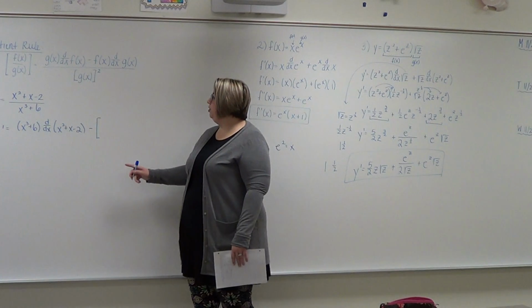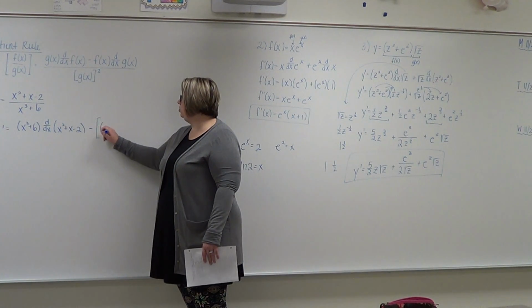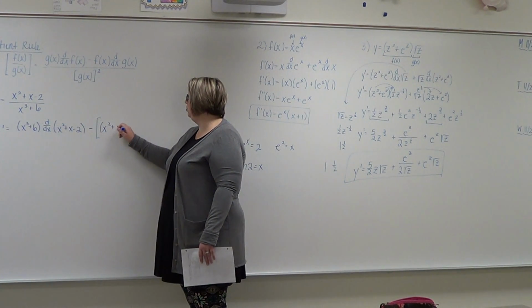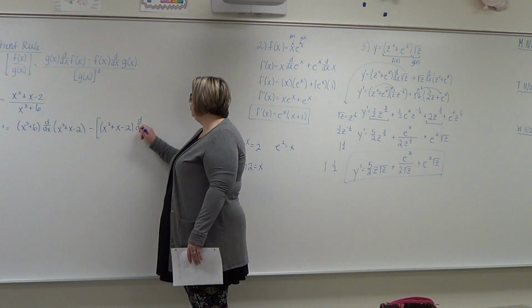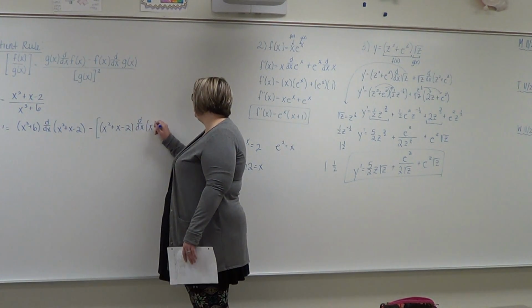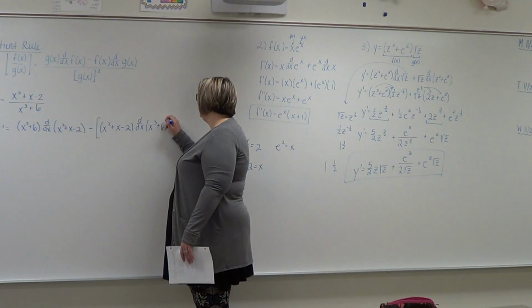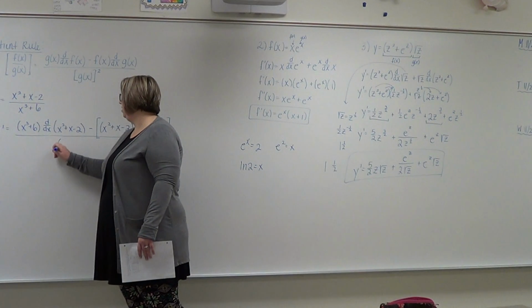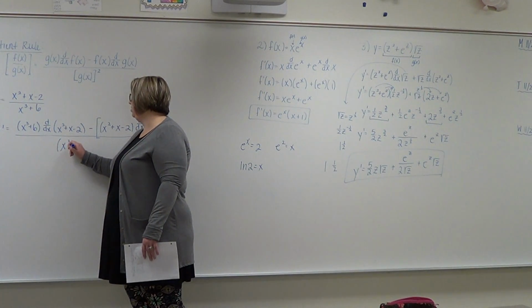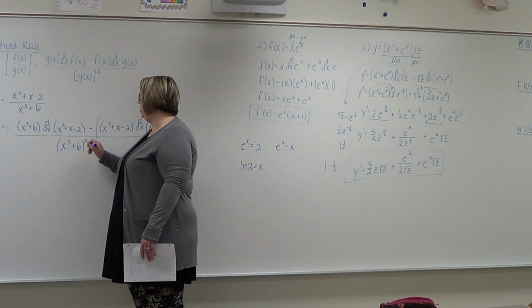Then you're doing f of x, which is x squared plus x minus 2, times the derivative of x cubed plus 6, and all of this is divided by x cubed plus 6 squared.